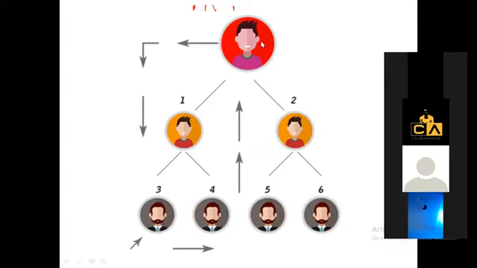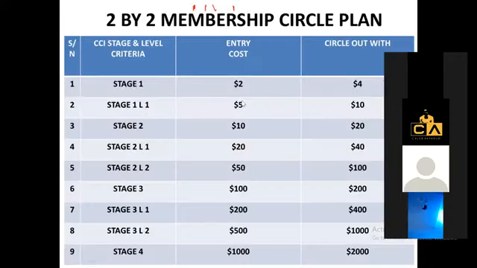Now this is, like I said, a 2x2 cycle system. Now let's analyze the matrix, or the table basically. For you to be a part of the $2 cycle plan, you have to be in stage 1.